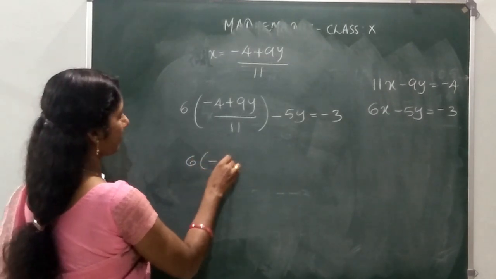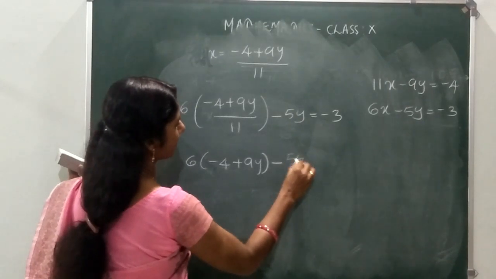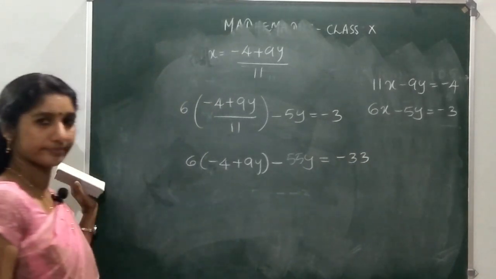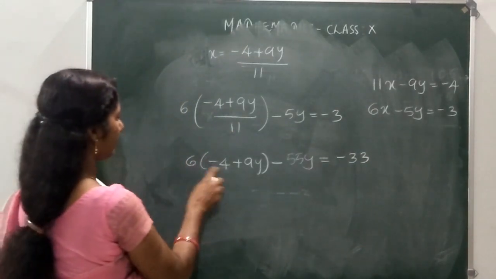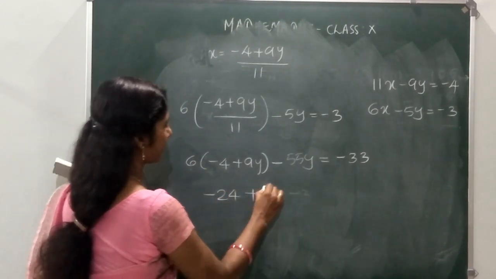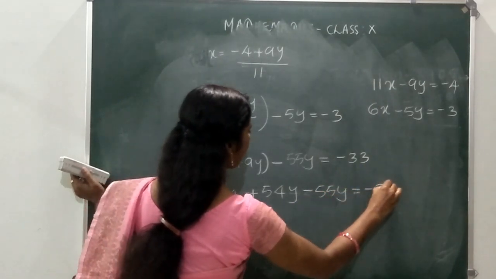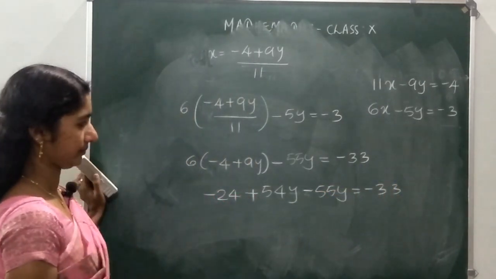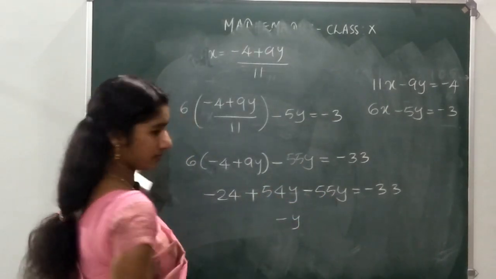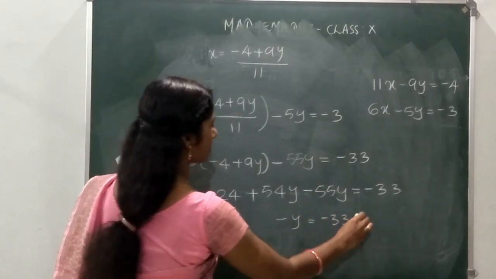So, 6 into minus 4 plus 9y, minus 5 into 11 is 55y, equal to minus 3 into 11 is minus 33. Multiply: 6 into minus 4 is minus 24, plus 6 9s are 54y, minus 55y equal to minus 33. 54y minus 55y is minus 1y equal to minus 33 plus 24.